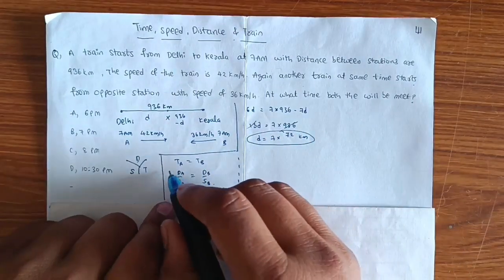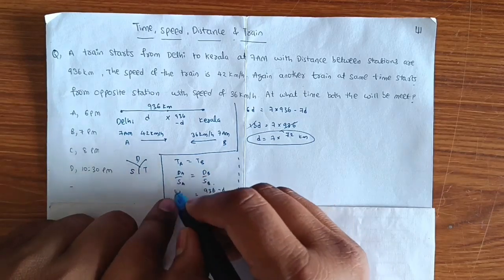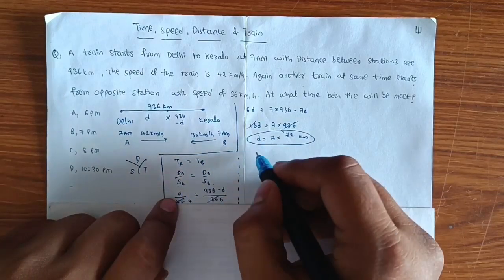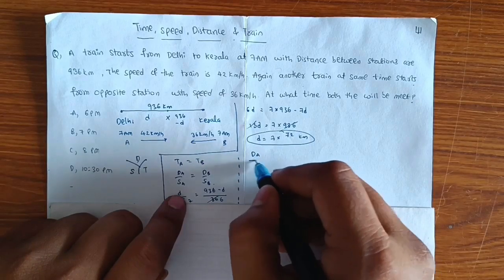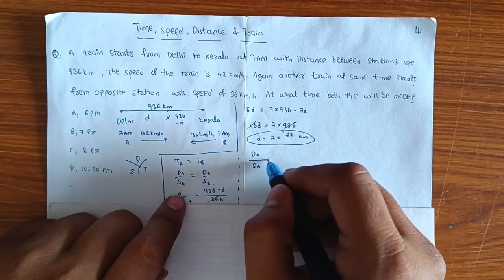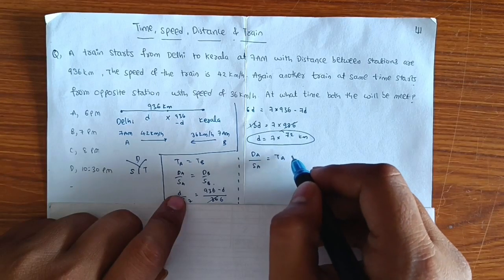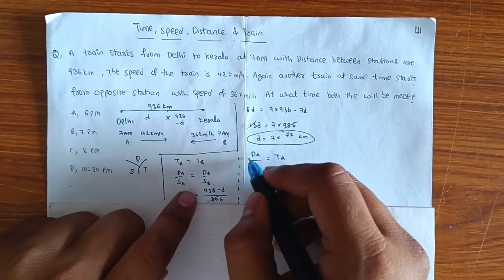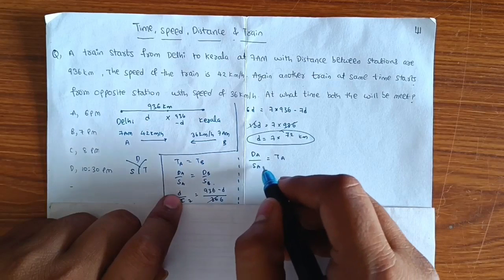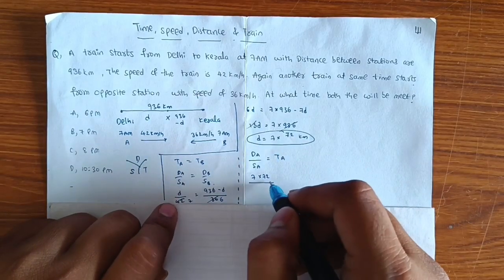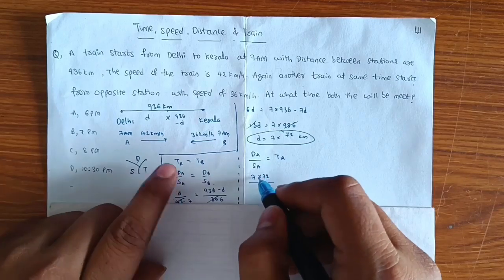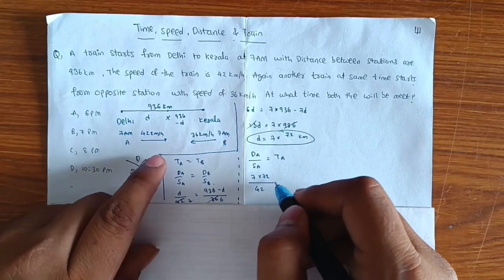Now, apply any one of these. I am applying it to the condition of A: the distance covered by A divided by the speed of A equals the time taken by A. The distance covered by A is D, which is 7 into 72 kilometers. The speed of train A is 42 kilometers per hour.